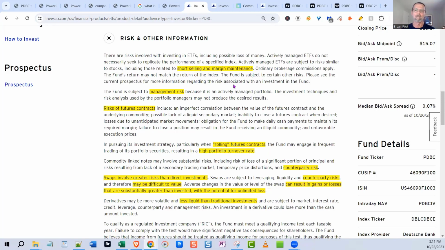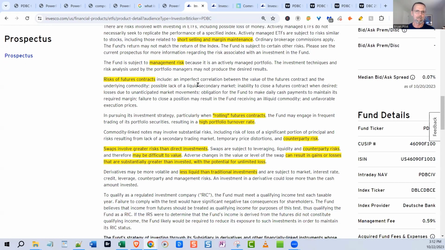And so again, shorting, doesn't matter what you're shorting, stocks, commodity futures, swaps, whatever, shorting is a high risk strategy, subject to management risk. The managers might be bozos, most likely they're not, but with an actively managed ETF, obviously human error is a risk.